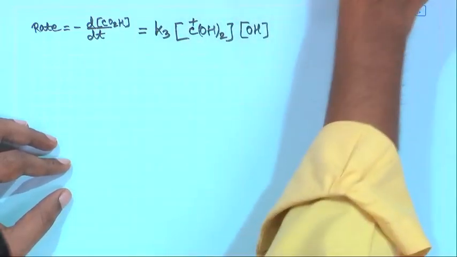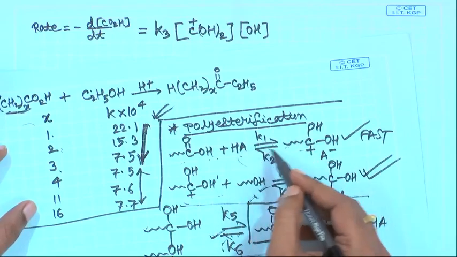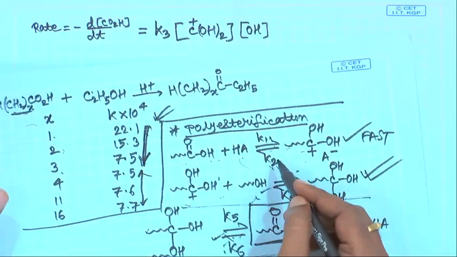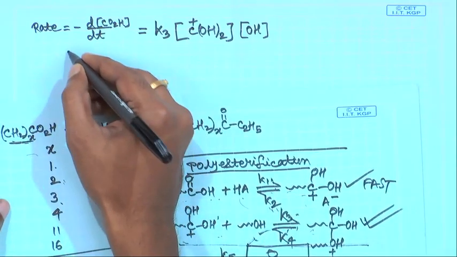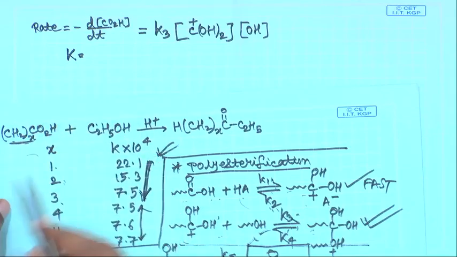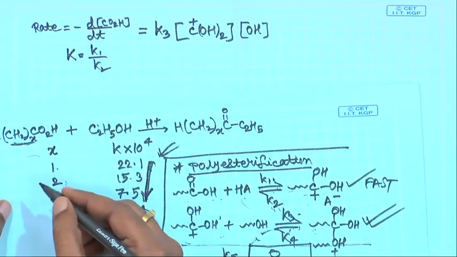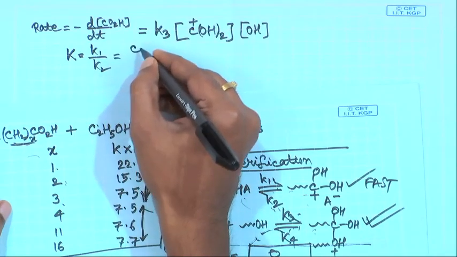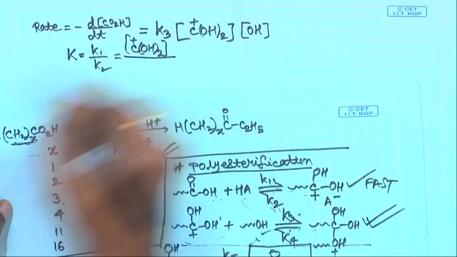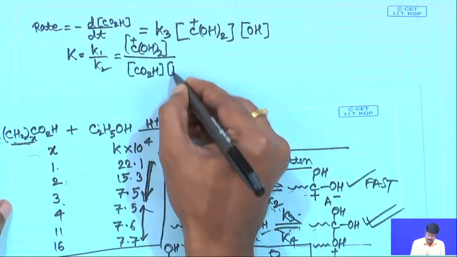If you look at the first reaction, this is an equilibrium reaction with K1 and K2, related by the equilibrium constant. So, for this reaction you can write the equilibrium constant K equal to K1 divided by K2, which is equal to the concentration of C(OH)2 plus divided by the concentration of CO2H into HA.